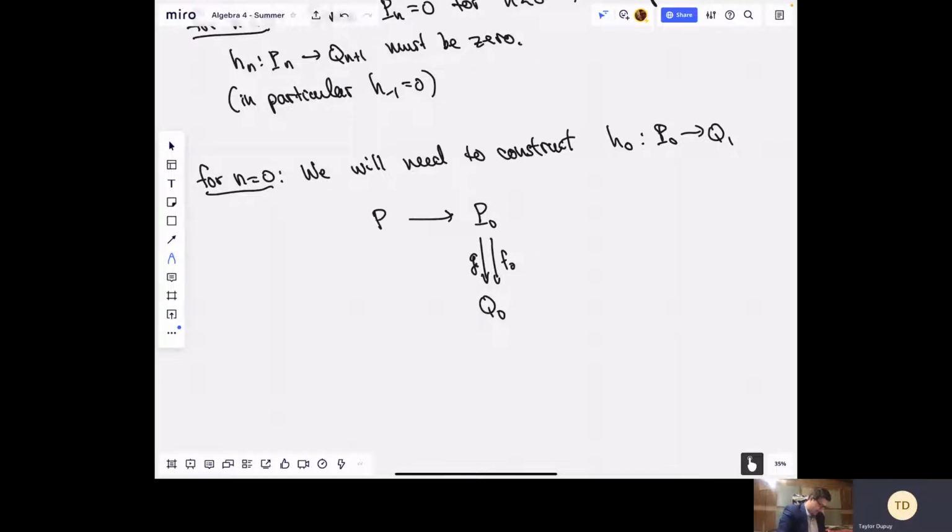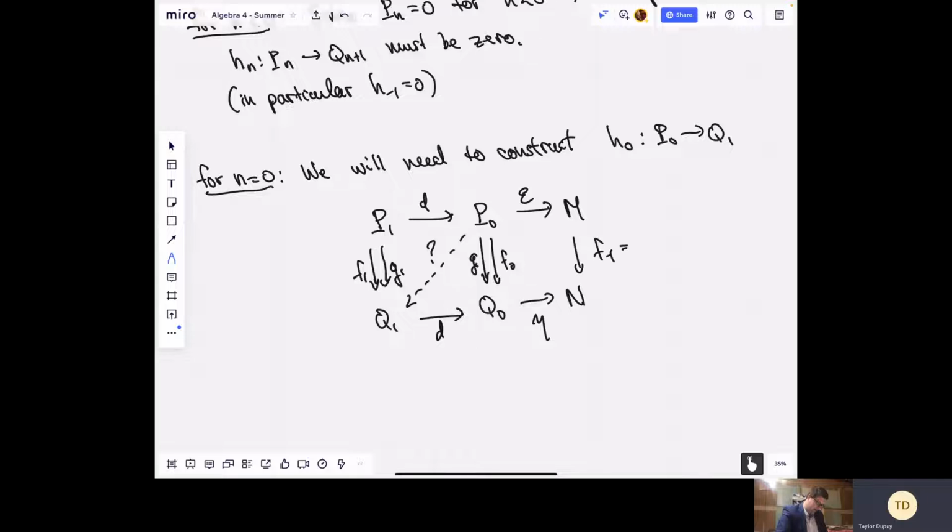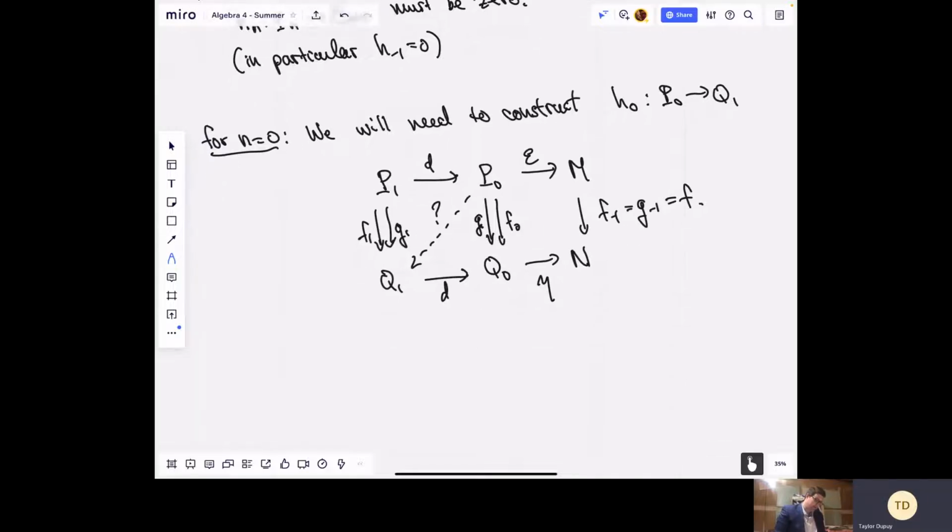We have the D map. Here's P1 and Q1, which also has a D map, a different map with the same name. There are two maps here, F1 and G1. What we want is this map H, the one I just labeled with a question mark. Of course, these fit into their resolutions, M, eta, N, and this is the map F minus 1. It's also the same thing as G minus 1, and this is what we just called the map F.